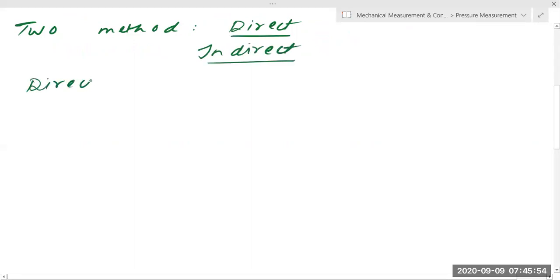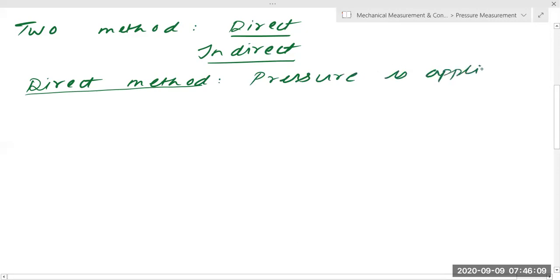So what happens in the direct method? Suppose there is an elastic transducer and pressure is applied to the elastic transducer, just like what we did in normal pressure measurement or high pressure measurement.